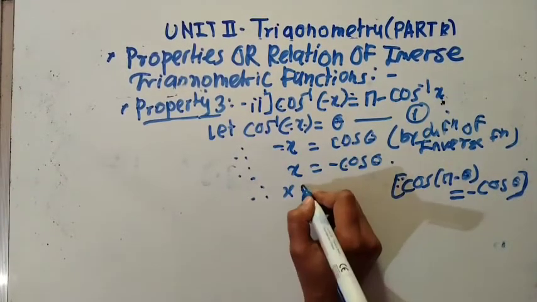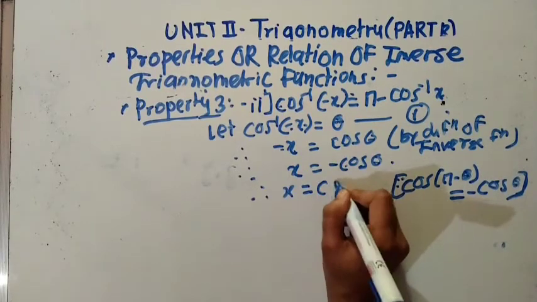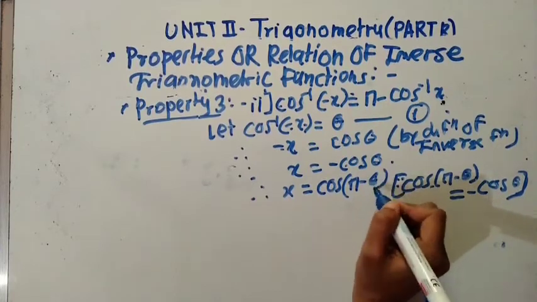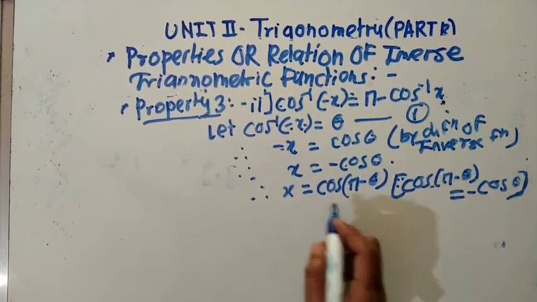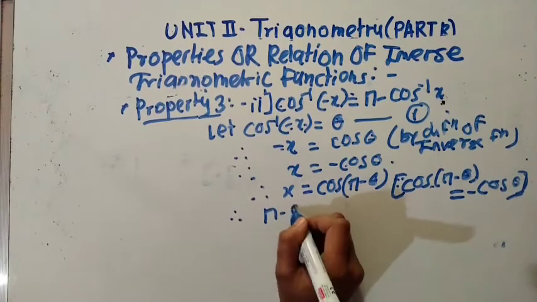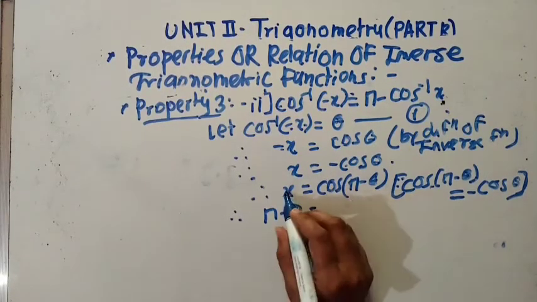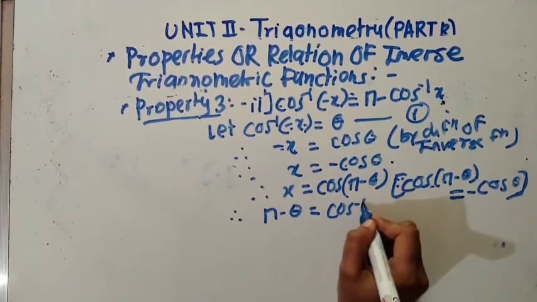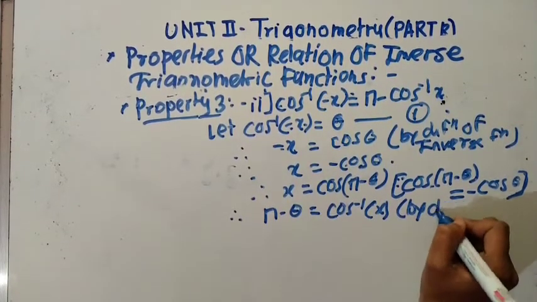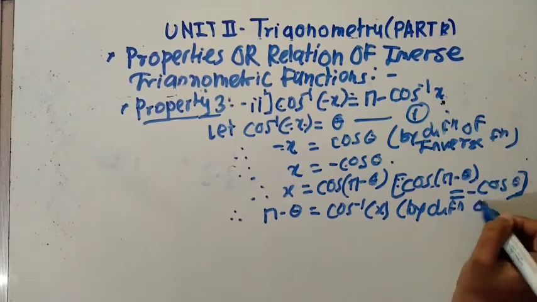Hence, minus cos theta can be written as cos of pi minus theta. Hence pi minus theta is equal to cos inverse of x by definition of inverse function.